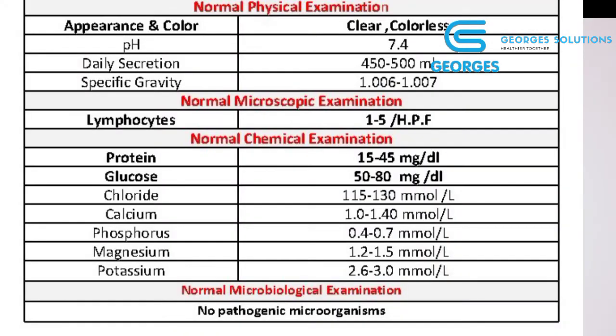The specific gravity is 1.006 to 1.008, both in adults and in children. The pH is 7.28 to 7.38, both in adults and children. The WBC is 0 to 5 in adults and 0 to 30 cells in children.